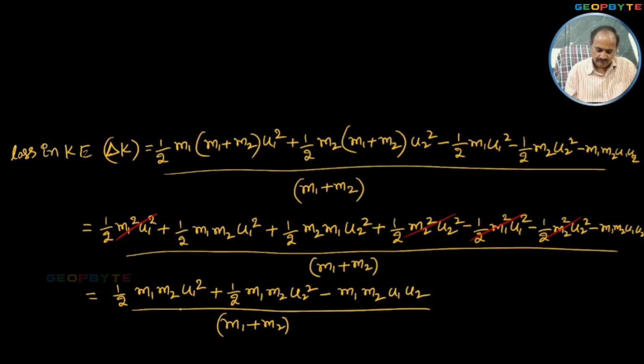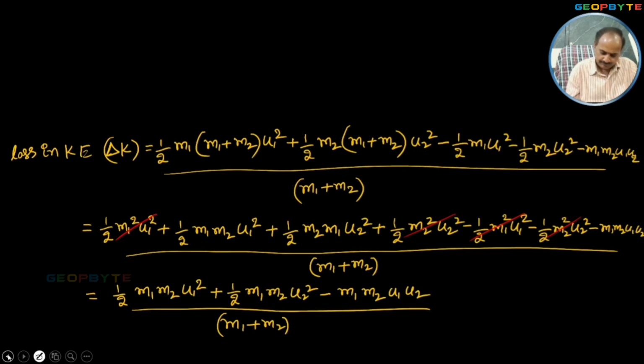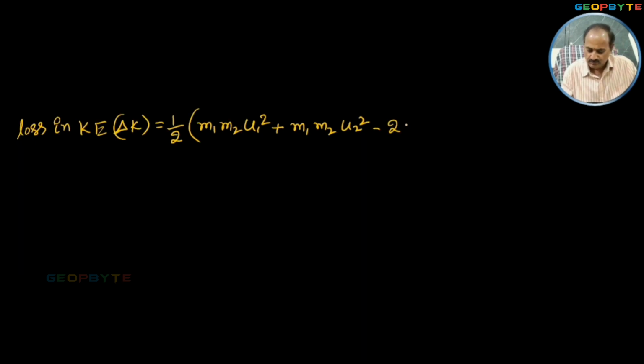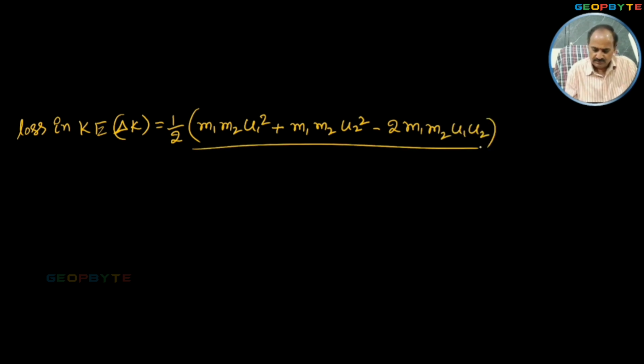Let me write the loss in kinetic energy, delta K, equal to, let me write half outside, m1 m2 u1 square plus m1 m2 u2 square minus 2 m1 m2 u1 u2, because half we have written outside, whole thing divided by m1 plus m2.